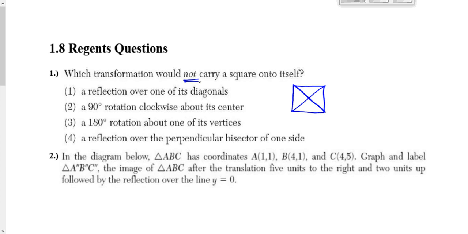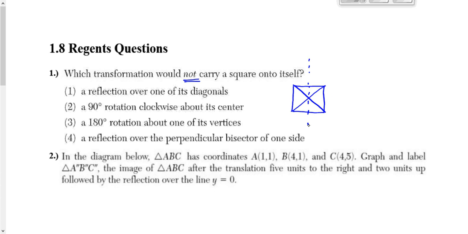So 4 would be a reflection over the perpendicular bisector of one side. Let's draw a perpendicular bisector. Perpendicular, bisector, middle. Wouldn't that map it onto itself? Like this side would go over here, the other one would go back over, it'd be the same thing. Okay, so get B4. What do you guys think?